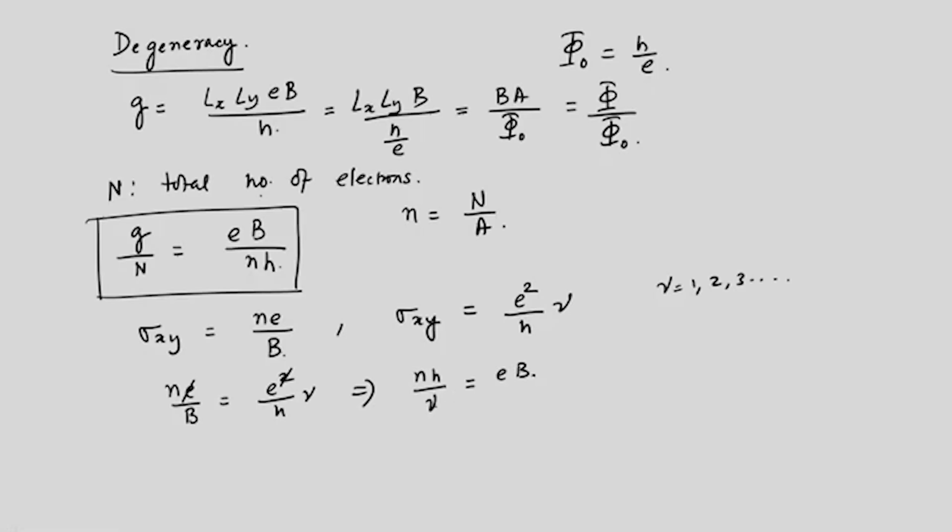So basically you get exactly the same relation that you have gotten here. So your eB over nh is equal to 1 over nu, and this is nothing but the restatement of this equation that we have written down earlier.